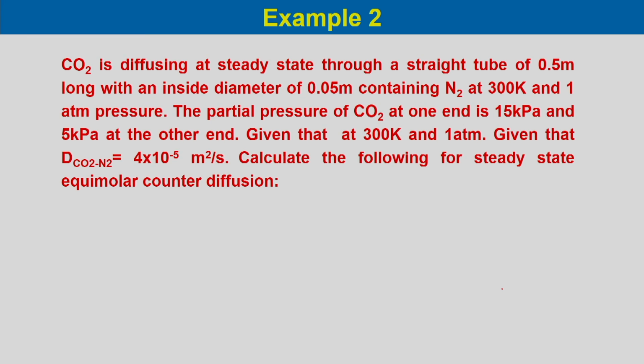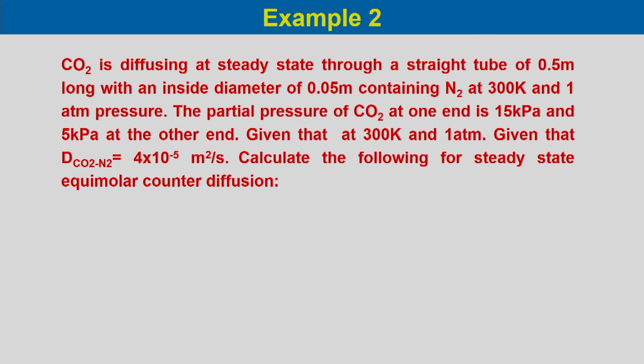Now, let us consider another example. Carbon dioxide is diffusing at steady state through a straight tube of 0.5 meter long with an inside diameter of 0.05 meter containing nitrogen at 300 Kelvin and 1 atmosphere pressure. The partial pressure of carbon dioxide at one end is 15 kilopascal and 5 kilopascal at the other end.